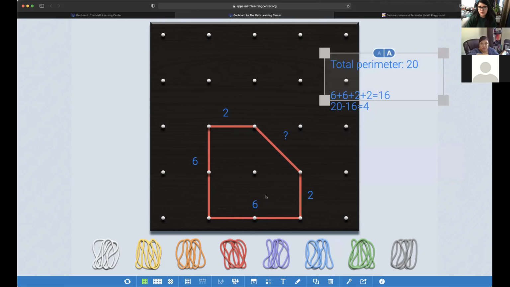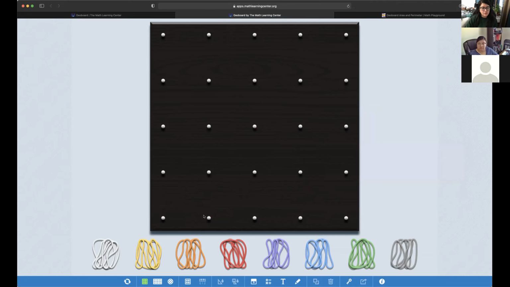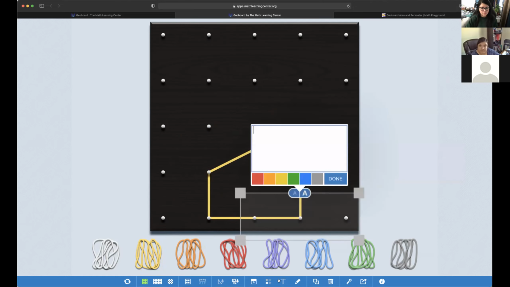So now for independent practice, I'm just going to give you guys a shape like this, and I'm going to have you find the missing side length, and then you can simply either show me that you wrote it down, or you can type it in the chat, whatever works for you. Whatever's easier. Okay.